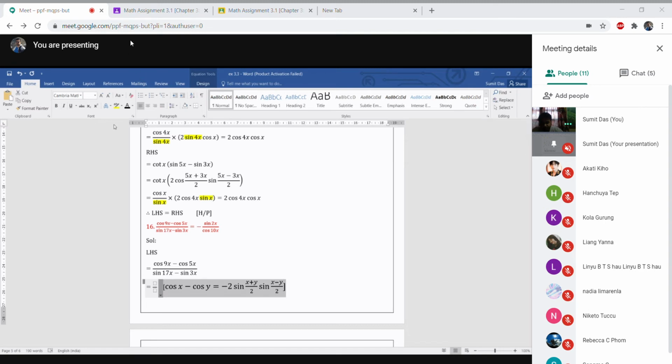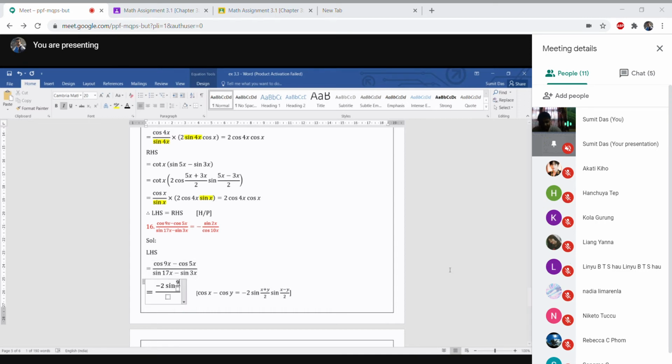So cos x minus cos y will be minus 2 sine of (x plus y) by 2, right? What is x here?